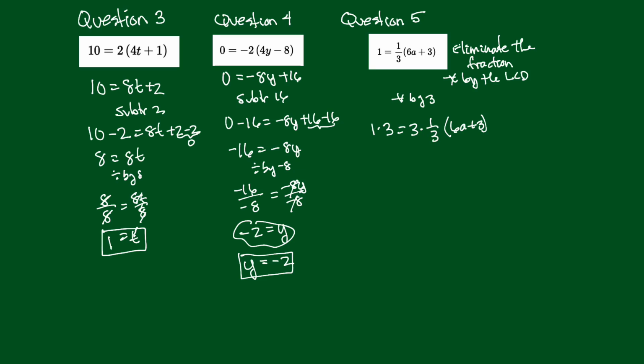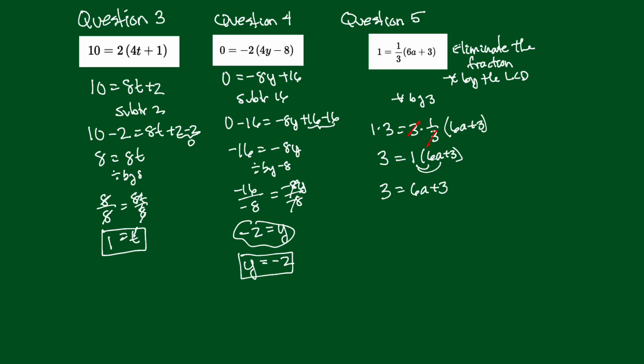Now on the left side, 1 times 3 is 3 equals on the right side, what is 3 times 1/3? Or what is 1/3 of 3? Do it this way. 3 times 1 is 3. 3 divided by 3 is 1. So 3 into 3 is just once. So I just get a 1 here. So 1 times 6a plus 3, so I'll get 3 equals just 6a plus 3.